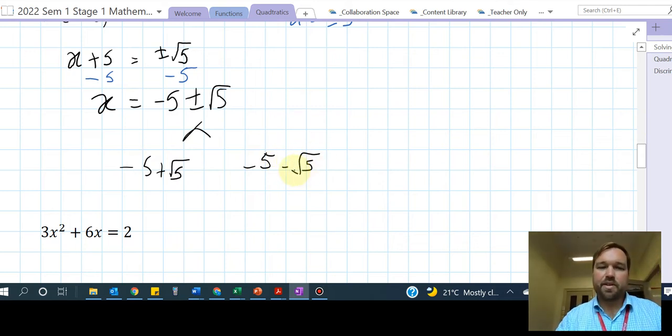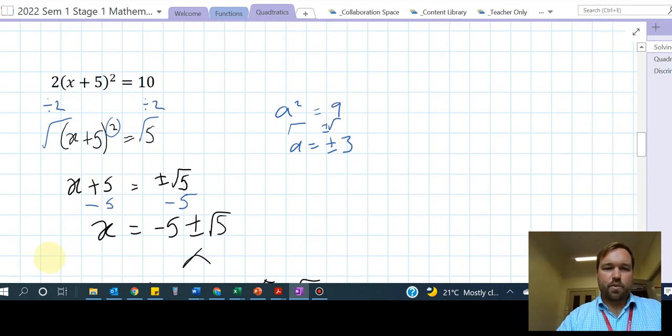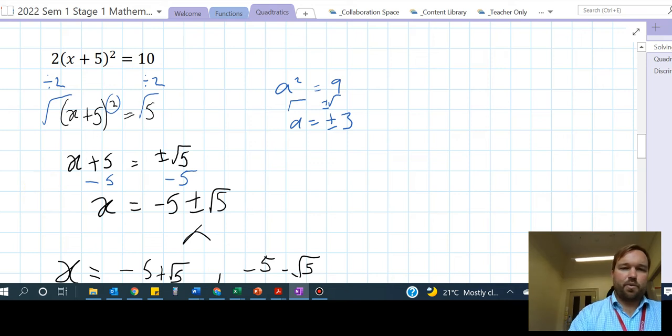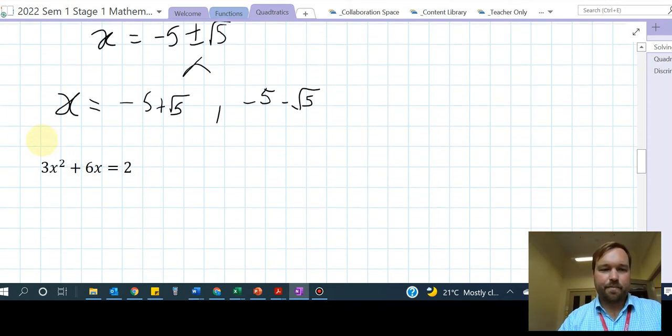They're ugly, but they're surds, and we've done some work with them, so we can just leave it like that as the two values for x. The reason this works so well is because we had a single x, and sure, it was wrapped up with a squared and it had a 2 in front and so on, but a single x, and we can solve it directly. So completing the square is about manipulating the formula to get that single x.